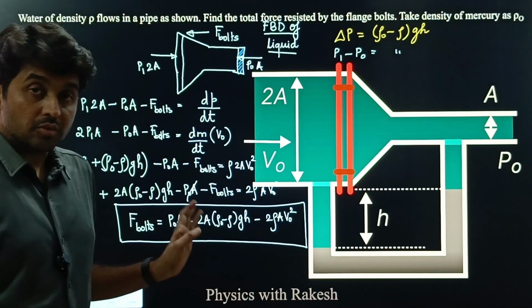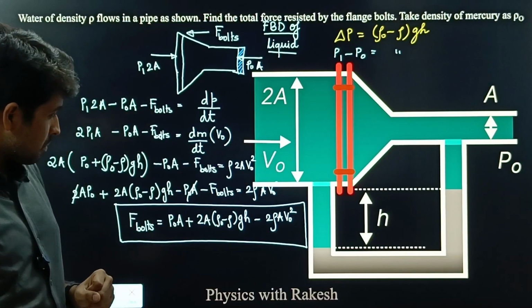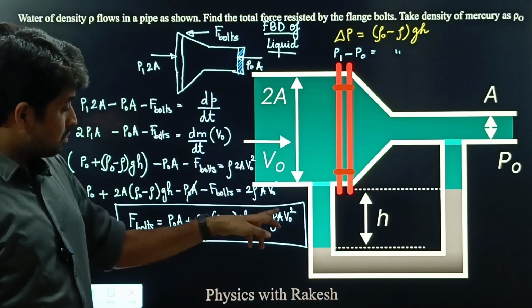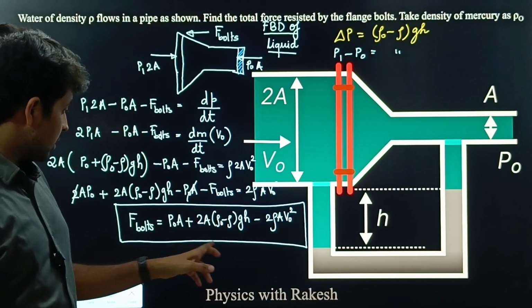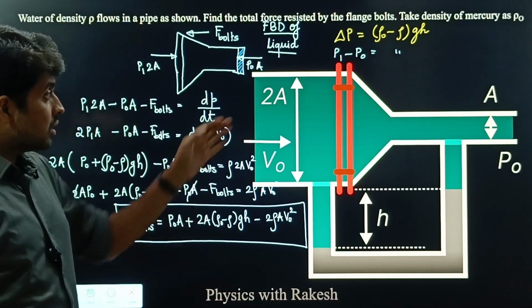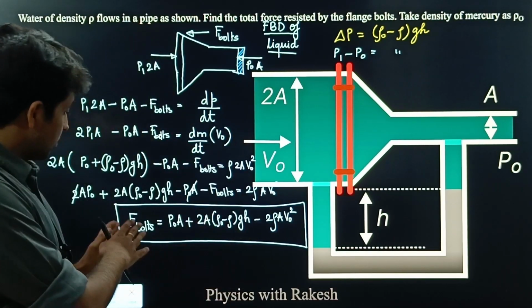So this will be the expression for the force on the bolts here. Now will this be positive or negative? It depends on these velocities and the values of these things. From that we can say whether it is in this direction or this direction, but the magnitude will be this.